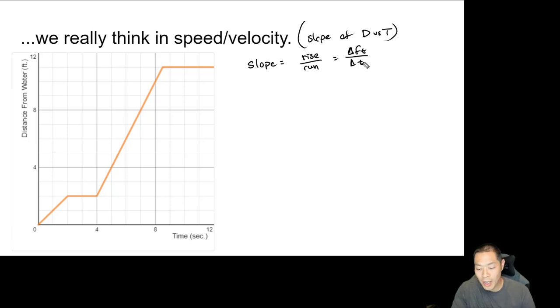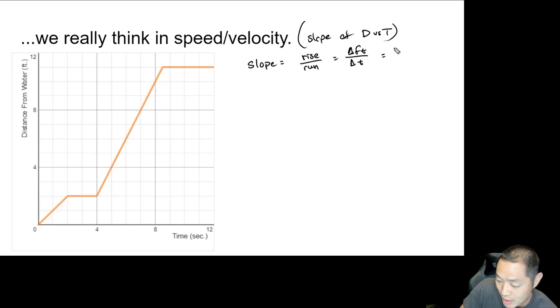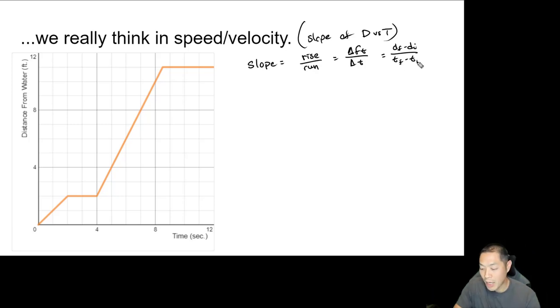So that's rise over run. So that's technically df minus di over tf minus ti. So displacement final minus displacement initial over time final minus time initial.